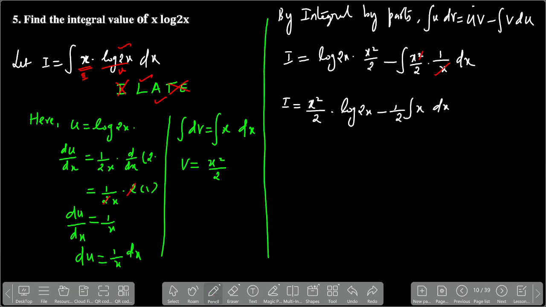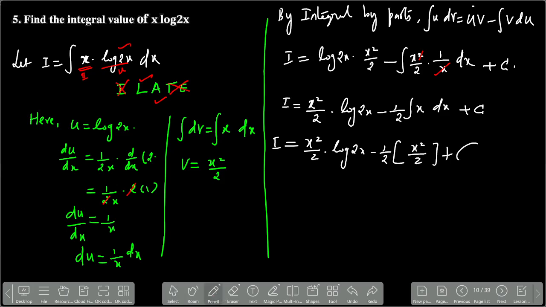Students, any doubt? Yeah, you can write plus because we already applied integral by parts, no problem. That is I equal to x square by 2 into log 2x minus 1 by 2 into integration of x dx, equal to x square by 2 plus c.